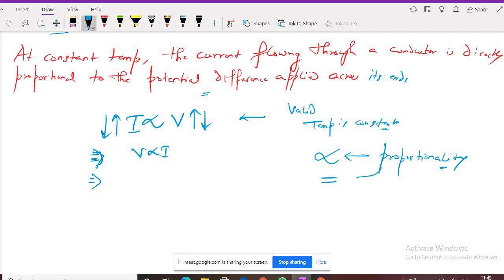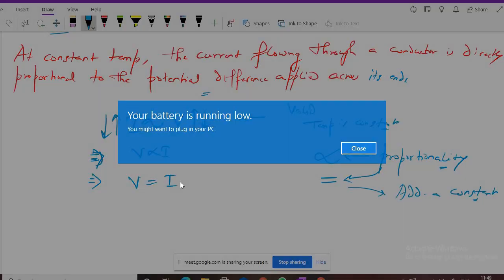To change the proportionality into an equals sign, we always have to add a constant. That means V is equal to, we cannot write I directly, we have to add a constant here.